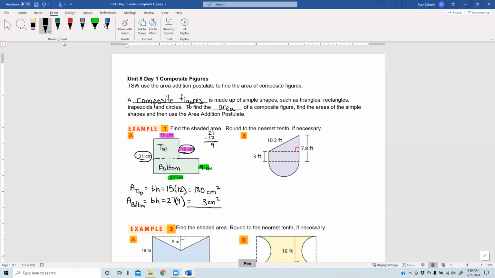Sorry. That's not 423, that's 243. Got my 4 and my 2 switched. So now to get the total area, I just add these. 180 plus 243, that's 423 centimeters squared.